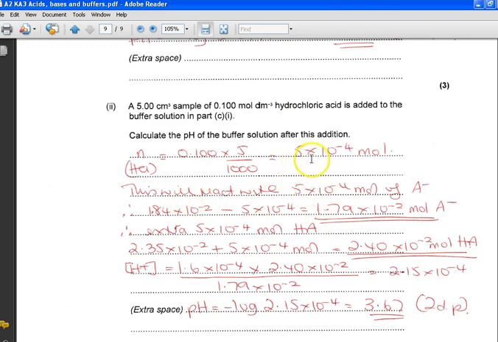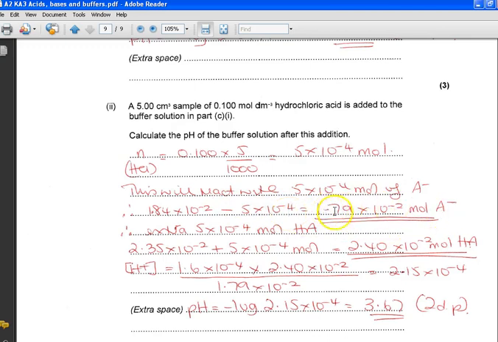That number of moles is going to react with that number of moles of your conjugate base. This is basically the theory behind this, isn't it? So we're going to take away that many moles of conjugate base because it will have reacted with our acid.